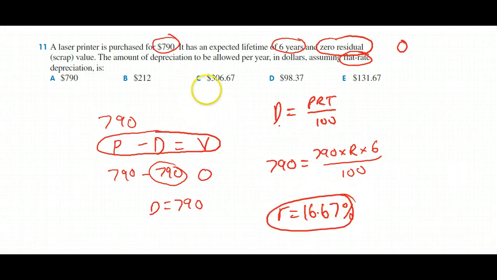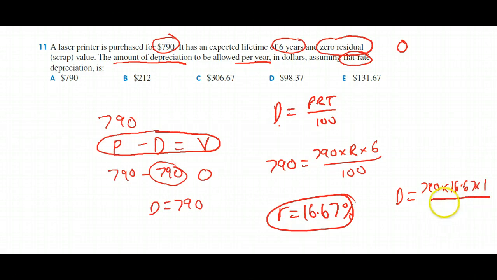Okay, now that we know the rate of depreciation, 16.67%, we can work out the amount of depreciation per year, the amount that happens every year. It's going to be 16.67% for 1 year, so depreciation equals 790 times R, which is 16.67%, and the amount of time is 1 year.